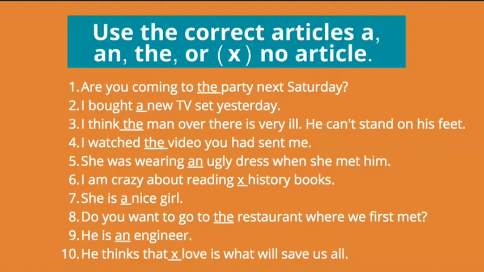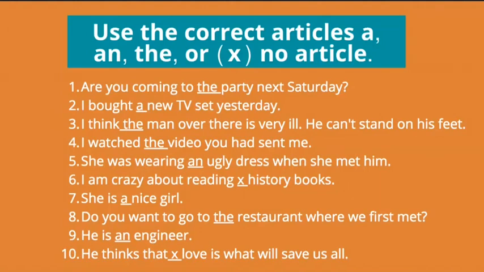And that's the topic about when to use articles a and the, or if you're not going to use any article at all. I included this lesson in my course because I've noticed that some ESL learners or English learners have a hard time knowing when to use the articles.